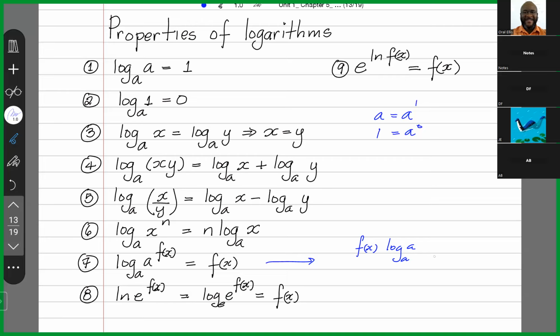But using law 1, the log to the base a of a is equal to 1. So this would be equal to f of x times 1, which is still just f of x.